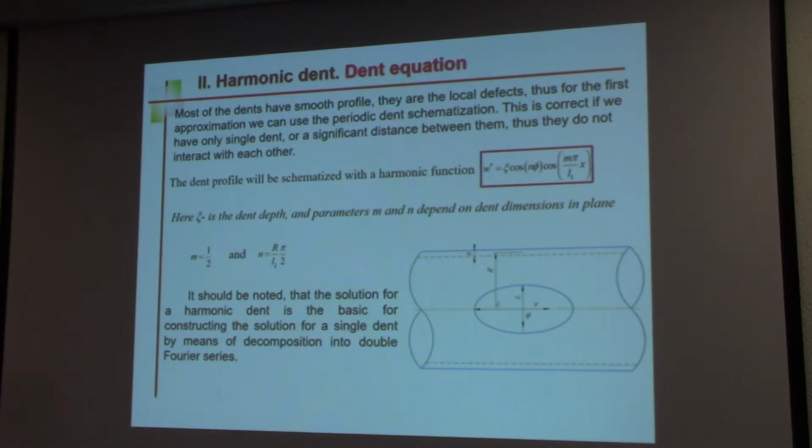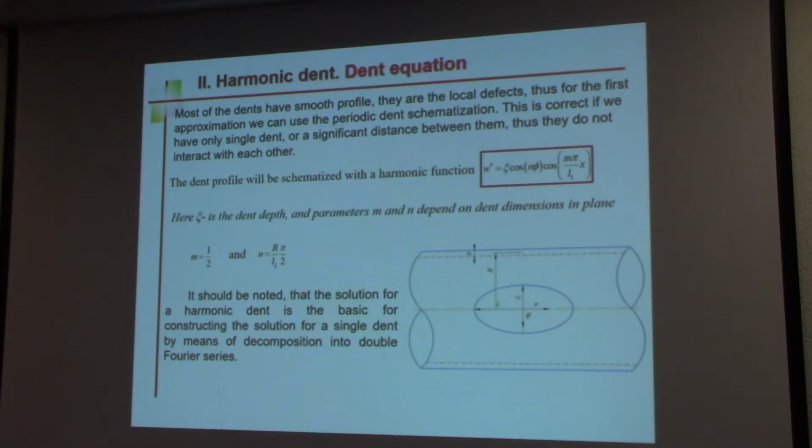Harmonic dent means that we have a wave shell, with infinite dents in the axial direction and obviously limited dents in the circumferential direction because we are limited to the circle length. But these simplifications allow us to obtain an accurate solution, and this solution will be used later for the single dent.